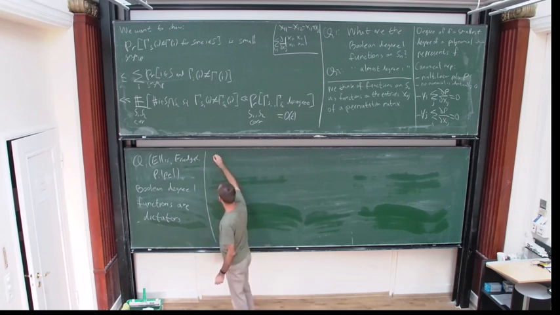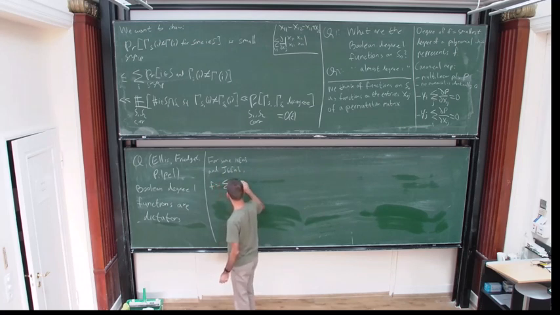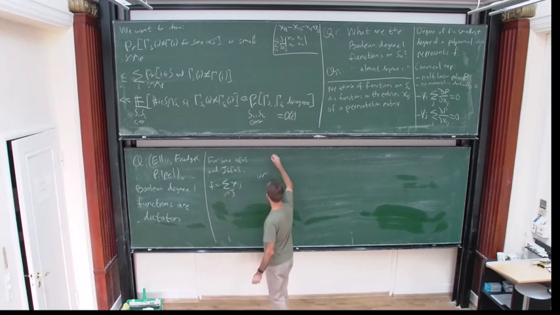They come in two types. The first type: for some index i in [n], and for some subset J of [n], the function is the sum over all j in capital J of x_ij.